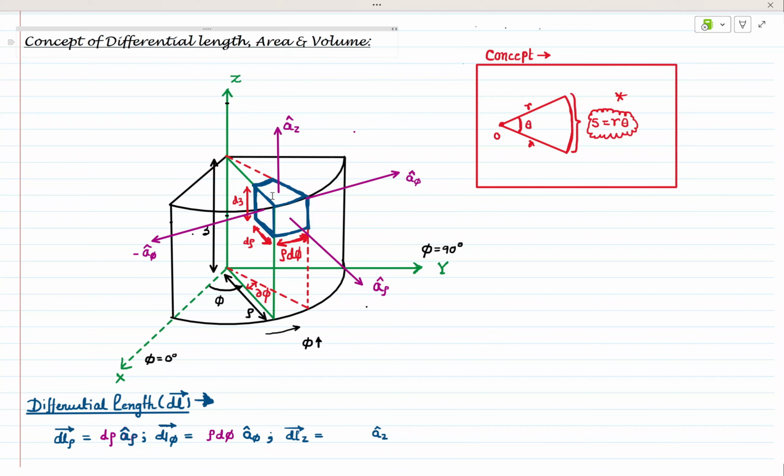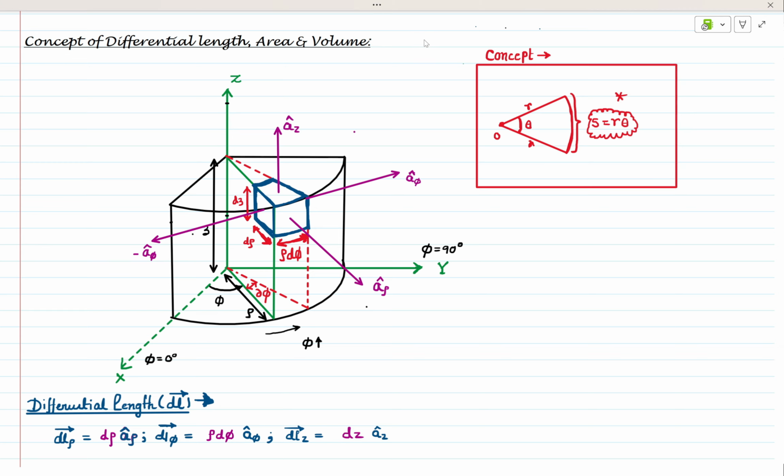Look at this carefully. In the direction of az, the section is the small height, that is nothing but dz. So I will put dz over here, that is dz in the direction of az. Now these are the differential lengths in the direction of rho, phi and z respectively.